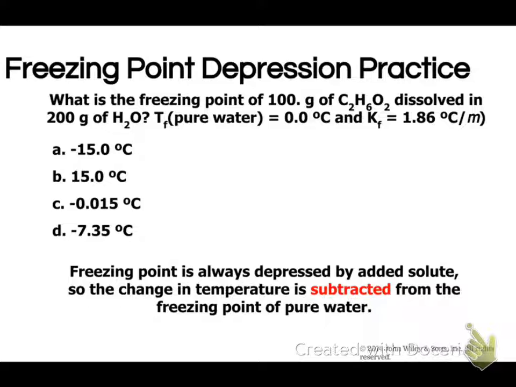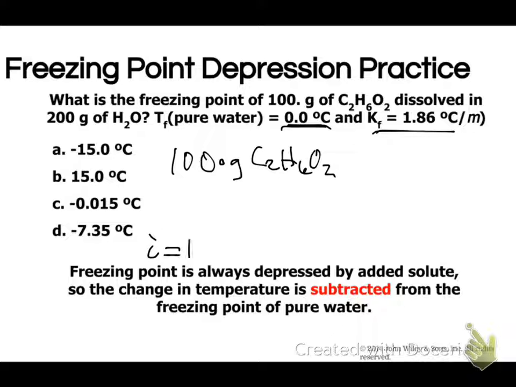Freezing point is very similar. We're going to use the same equation. Our freezing point is low, it's 0, and our constant is different, but pretty much everything else is the same. So we have 100 grams of this stuff, C2H6O2. That's a covalent compound, so I know the i is going to be 1.